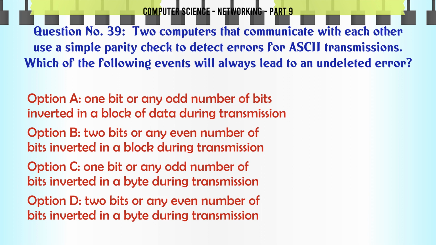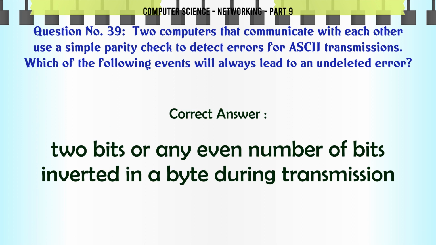C. 1 bit or any odd number of bits inverted in a byte during transmission. D. 2 bits or any even number of bits inverted in a byte during transmission. The correct answer is 2 bits or any even number of bits inverted in a byte during transmission.